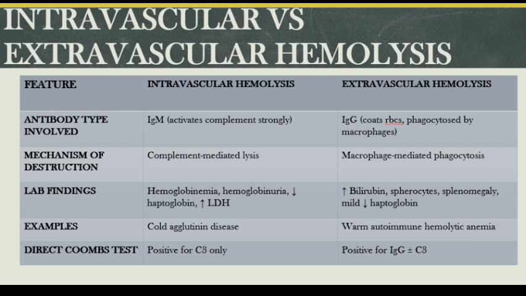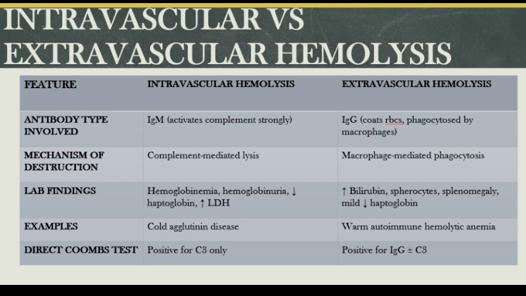Haptoglobin levels drop significantly in intravascular while they drop mildly in extravascular. The site of destruction is in circulation for intravascular and in the spleen or liver for extravascular. Intravascular hemolysis is commonly seen in paroxysmal cold hemoglobinuria or PCH and ABO reactions, whereas extravascular is mostly associated with warm autoimmune hemolytic anemia and cold agglutinin disease or CAD.